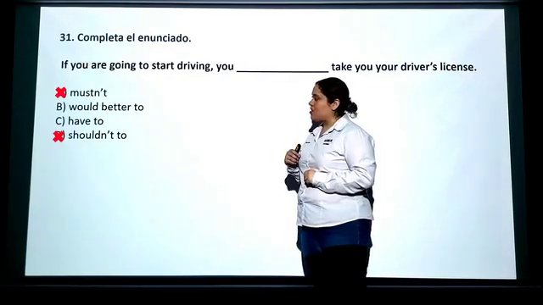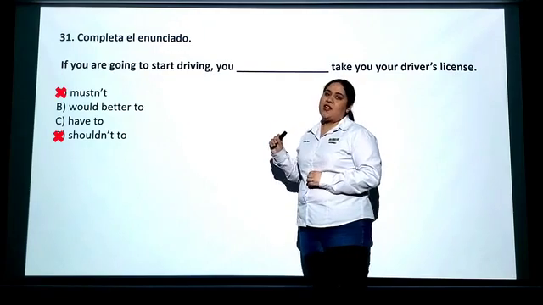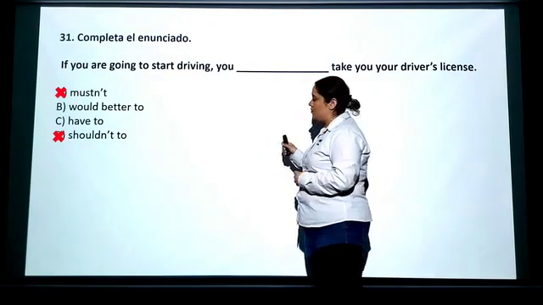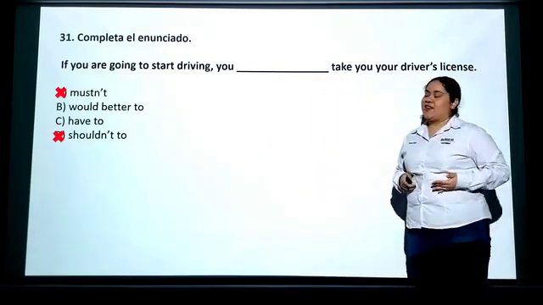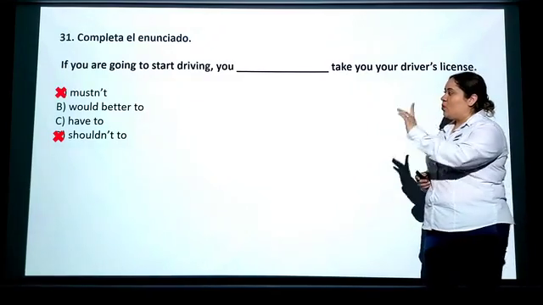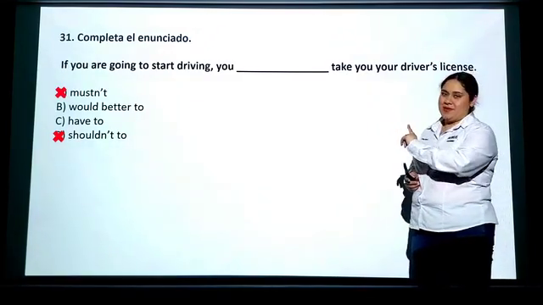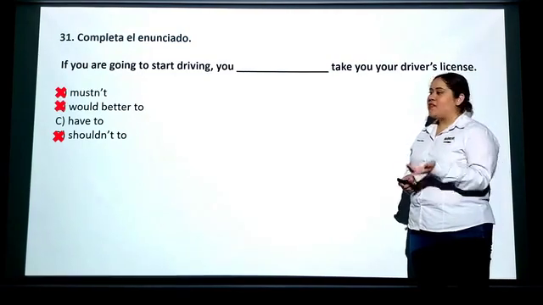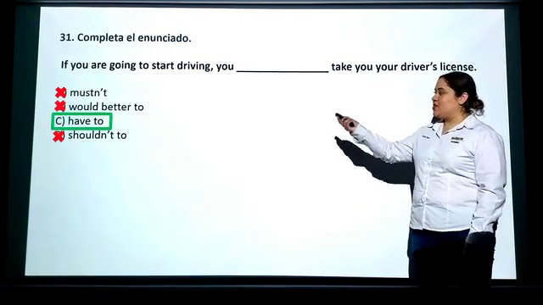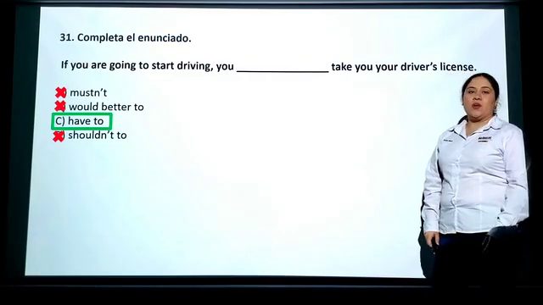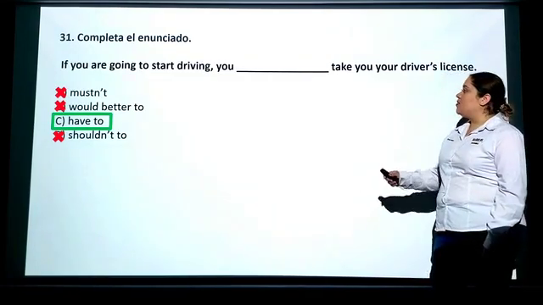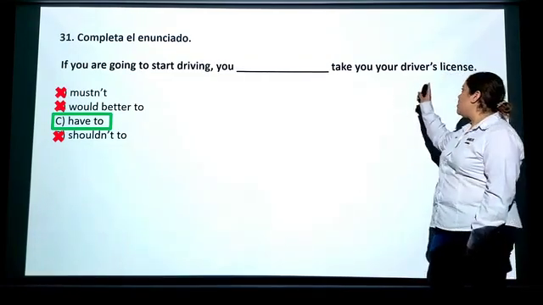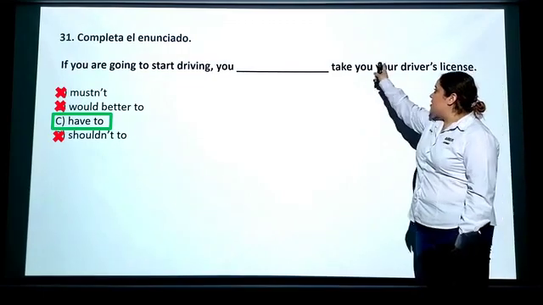So, you eliminate mustn't, and you eliminate shouldn't do. Okay, so now you have would better to and have to. Would better to does not exist. You can never use it. You eliminate it, instead you choose have to. If you are going to start driving, you have to take your driver's license. Excuse this mistake.